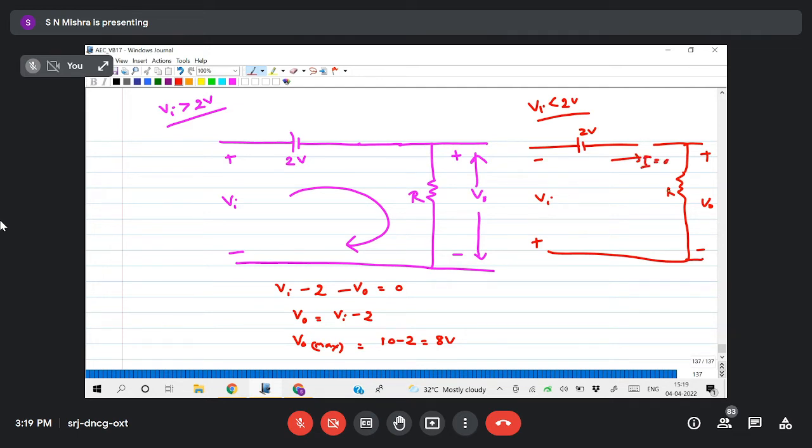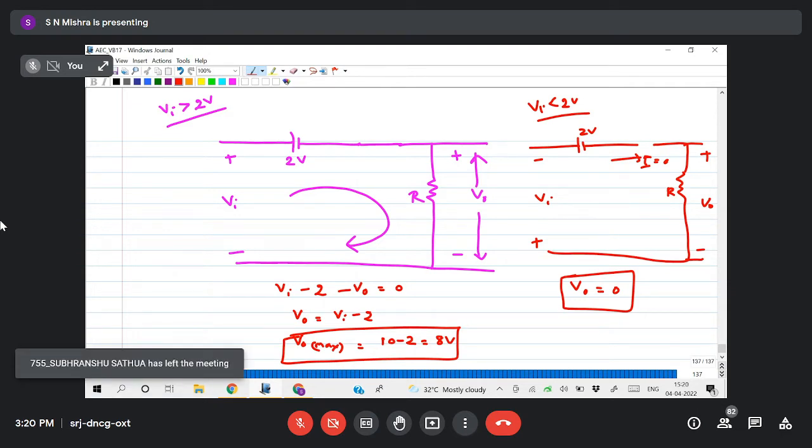So what is the voltage drop across the load, since current is not flowing? Sir, 0. So in the positive half cycle, when Vi is more than 2, maximum is 8 volt, and Vi less than 2 means 0.